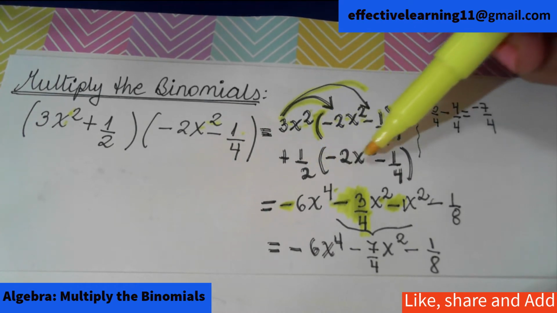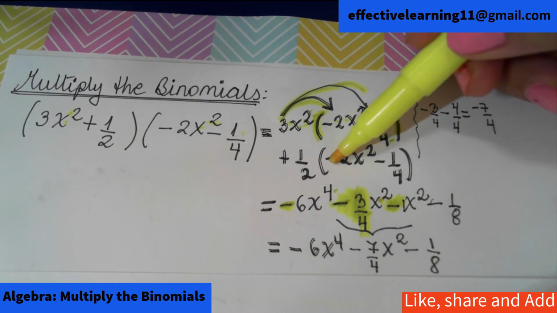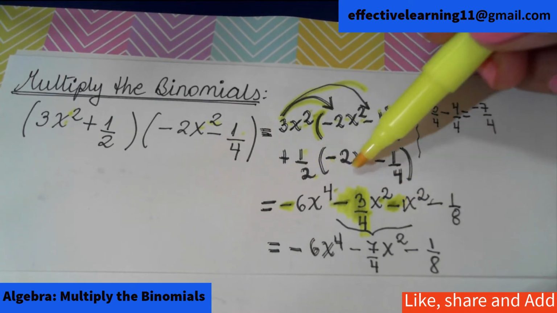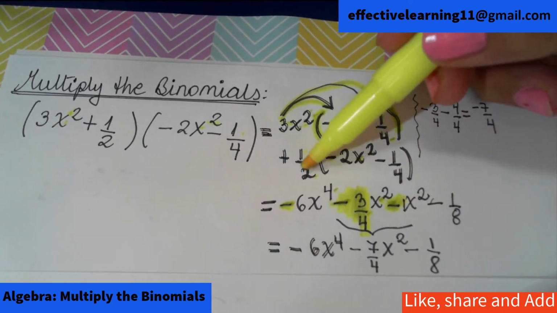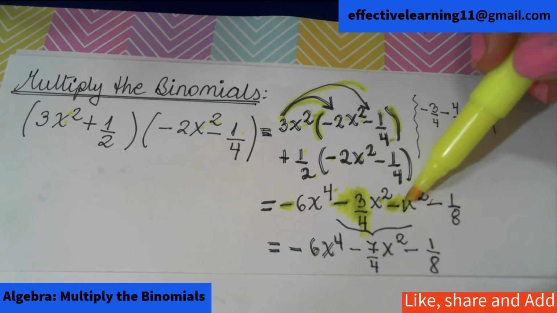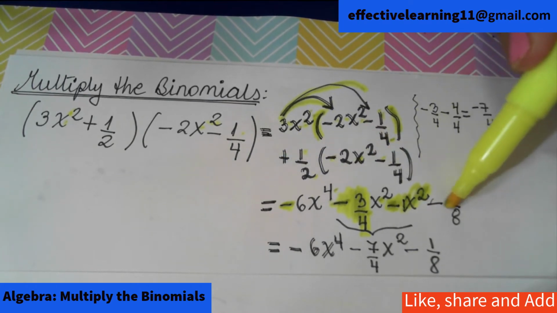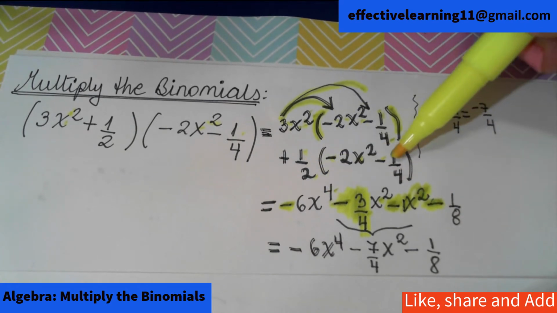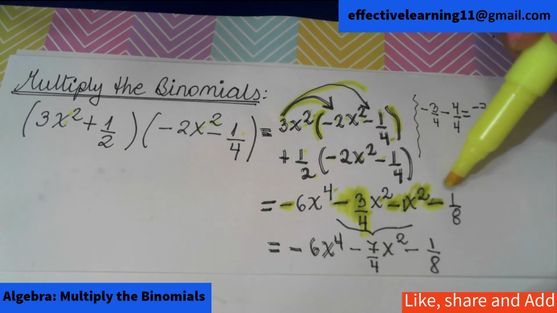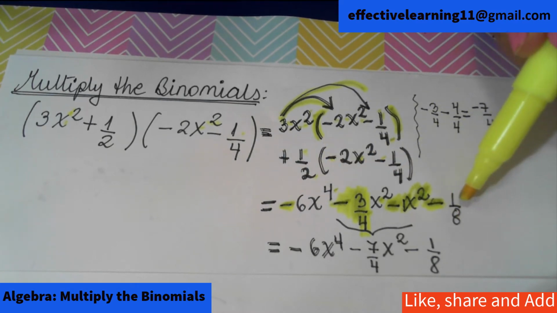Now the next, plus and negative is negative. 1.5 times 2, you just cancel 2 and 2, you get 1 x squared. You don't need to write 1, you just write x squared. Plus and minus, minus. 1.5 times 1 over 4 is 1 over 8. Remember, 1 times 1, 1, 2 times 4, 8.